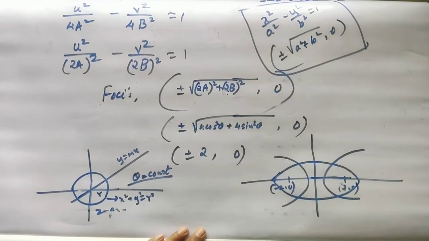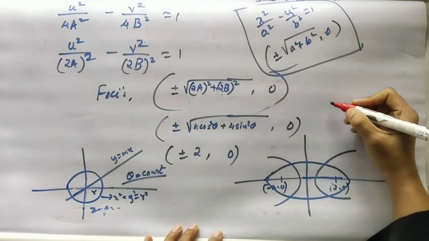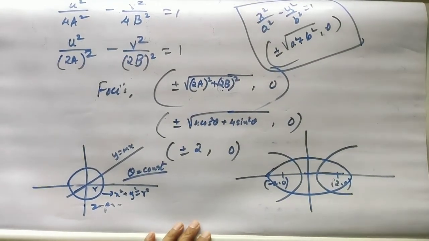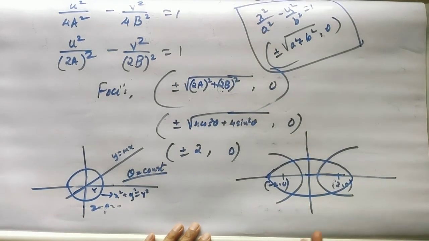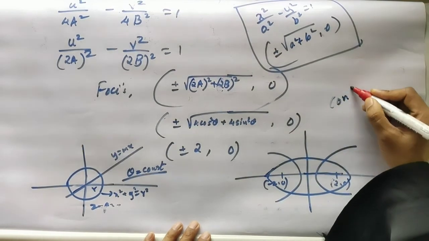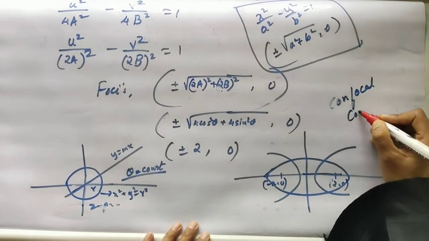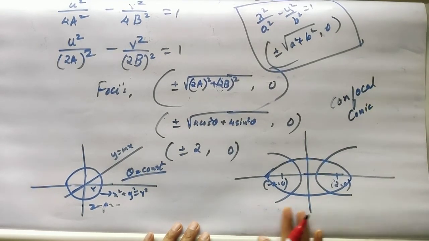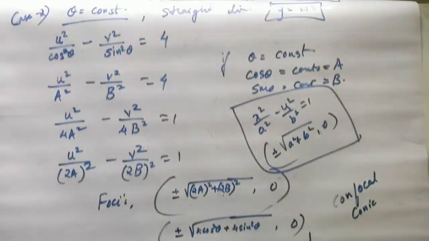So you can be asked the question: show that the line and the circle of the z plane are transformed to the confocal conics. Confocal conics, because the ellipse and the hyperbola both have the same foci.